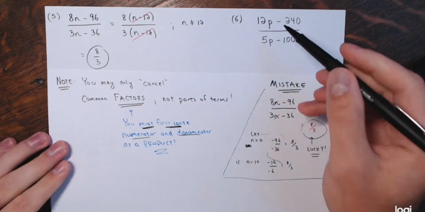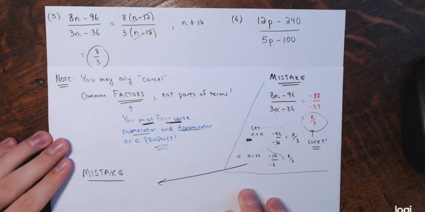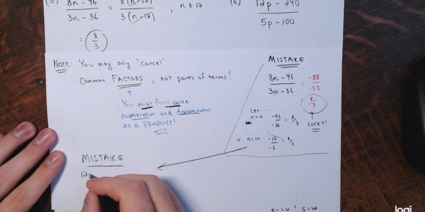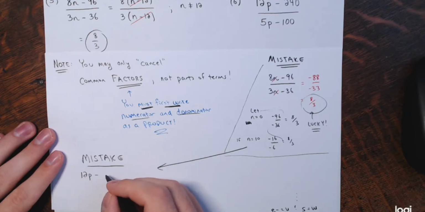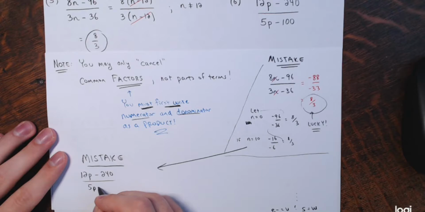All right, so let me show you, again, sticking to this mistake. This is bad canceling. Look at number 6. See 12p minus 240, and then 5p minus 110.